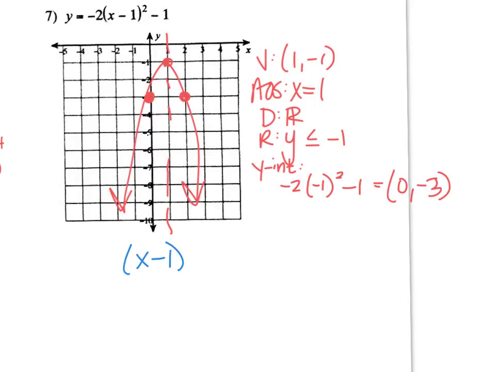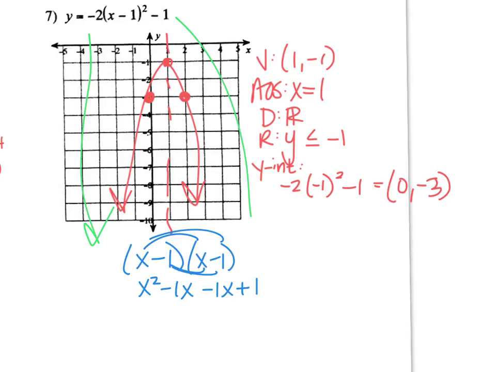We're going to do (x - 1) squared, which is (x - 1) times (x - 1). Distribute: x squared minus 1x plus 1. Bring down my extra numbers, so that's a -2 in the front, minus 1 at the back. -2x squared plus 2x minus 2, and then minus 1.